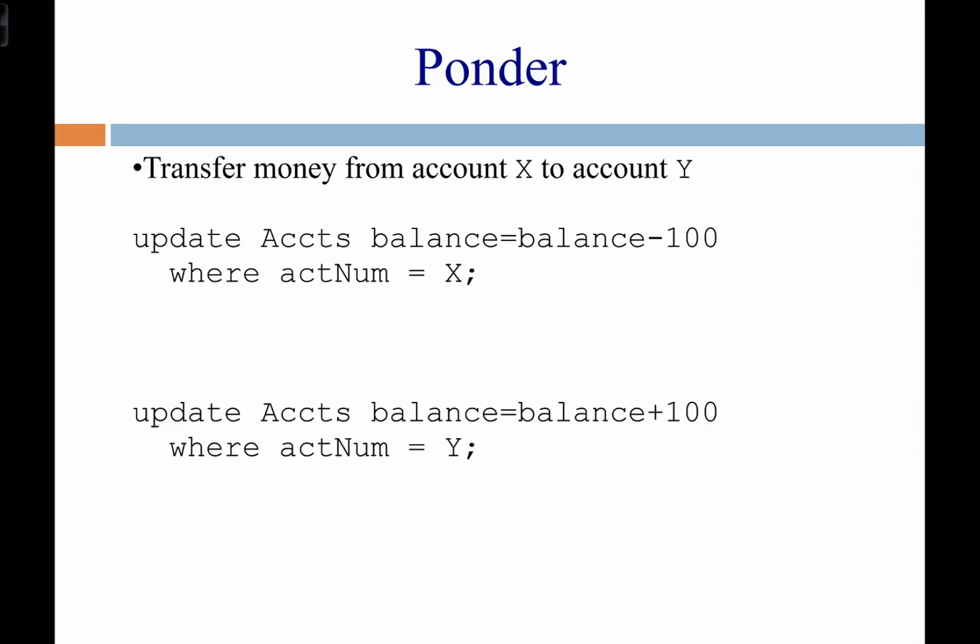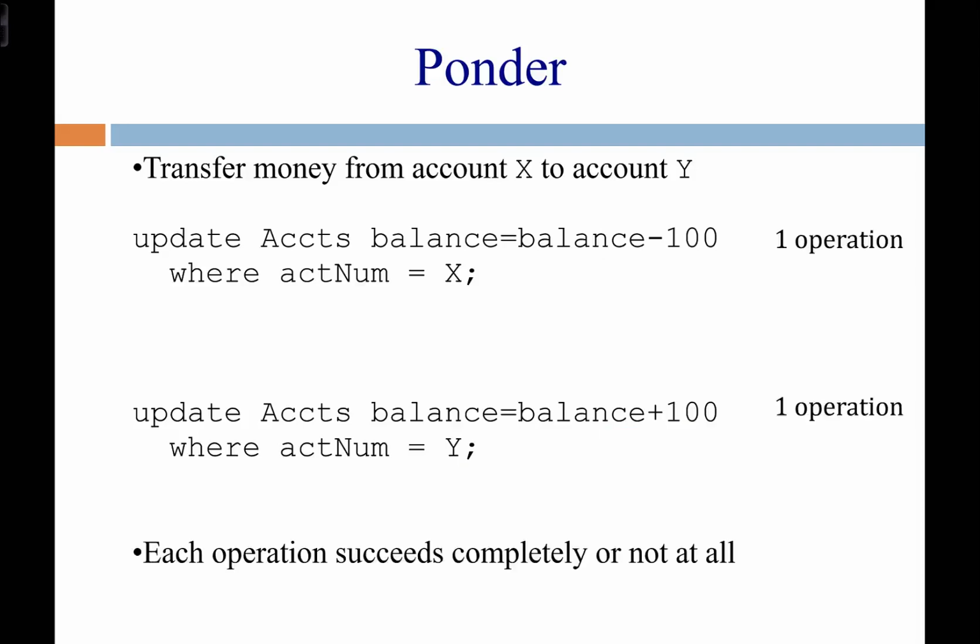Let's say we have a bank account database where this accounts table is just holding account balances. And the operation we want to do is transfer some money from one account to another. So you could imagine doing this in two operations where we set the balance of account X to balance minus 100, and then we add 100 to the balance of account Y. So just take it out of one and add it to the other.